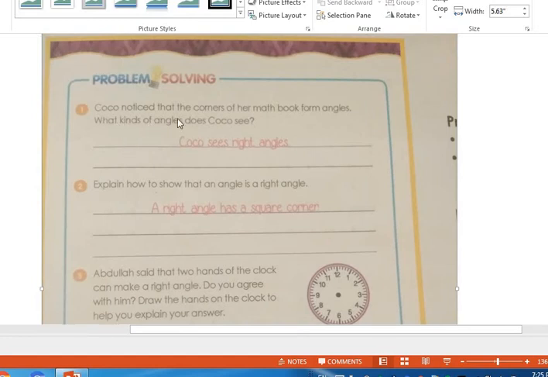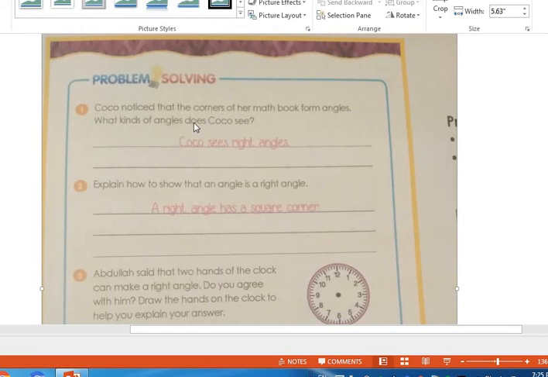Cuckoo noticed that the corners of her math book form angles. What kind of angles does Cuckoo see? Okay, she noticed that the corners of her math book, or any book, have corners. The corners form angles.